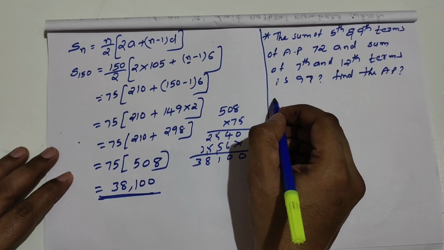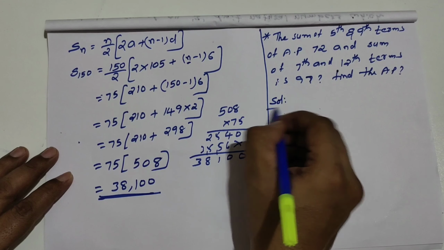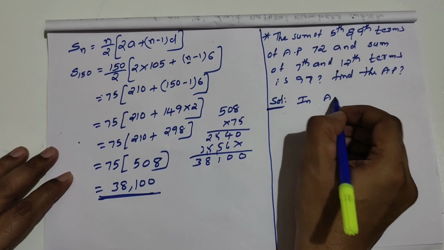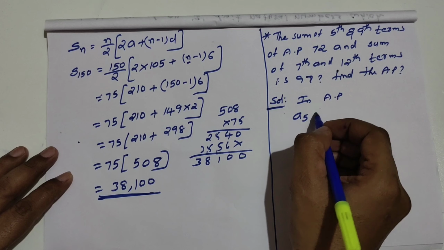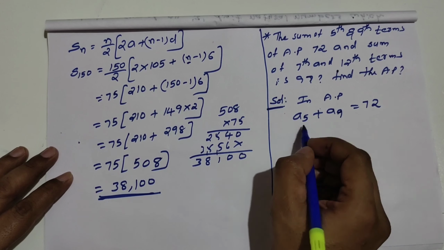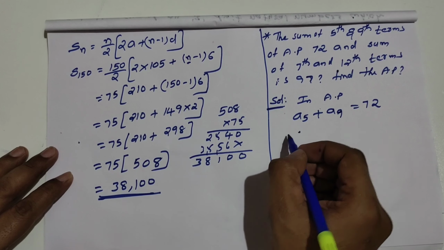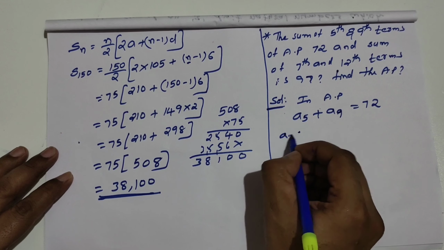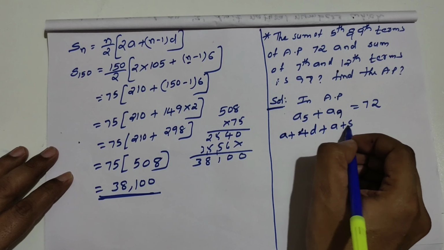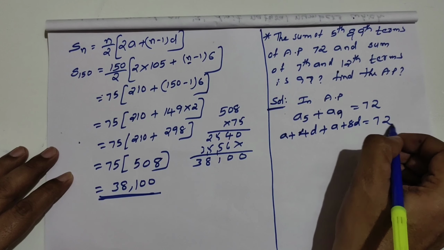So in the solution, as we know, in an AP the term A5 plus the term A9 is given as 72. A5 formula is a plus 4d, and A9 formula is a plus 8d, equal to 72. So 2a plus 12d is equal to 72.